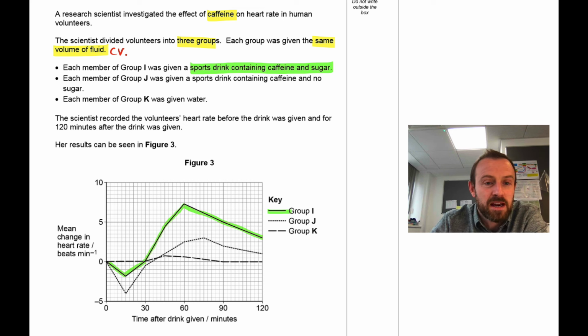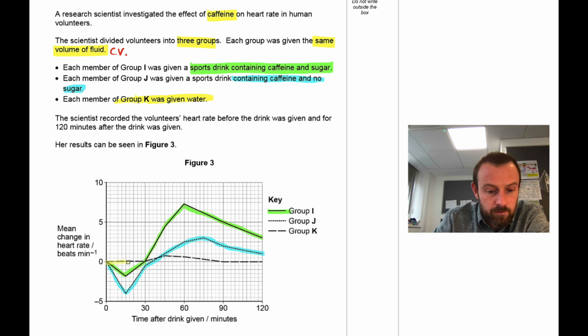And then we've got caffeine and no sugar. Let's do blue for that one. That is group J. And then what's the other one? Water, is it? Yeah, water. So that's like a control, basically. I'll just do that in yellow.